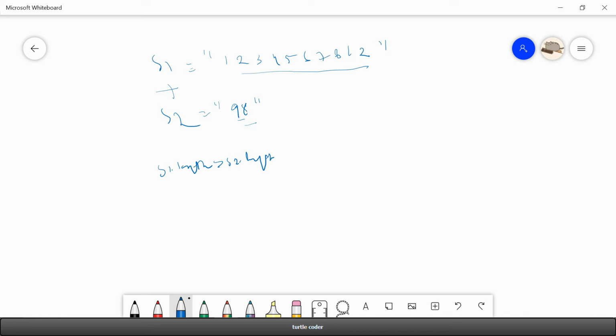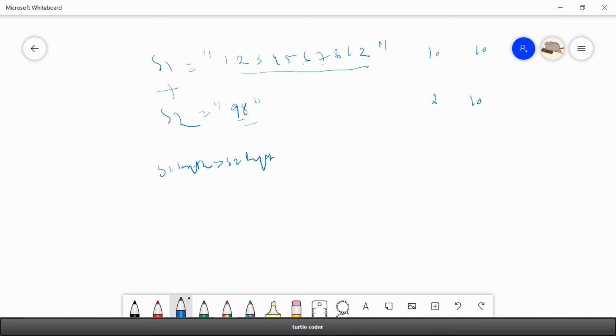So let's say this is 1 2 3 4 5 6 7 8 9 10. This is 10 characters long, this is 2 characters long, and in the worst case if S1 is 10 characters long and S2 is 10 characters long, and they both start with 9 or 8, a big value, that would carry one extra value.